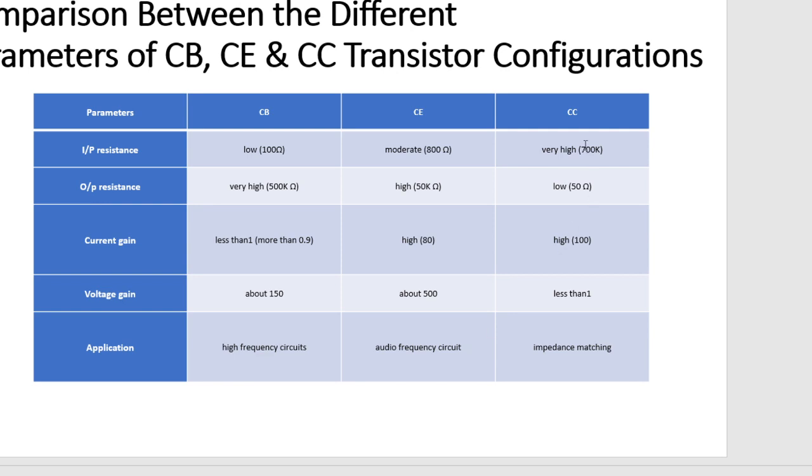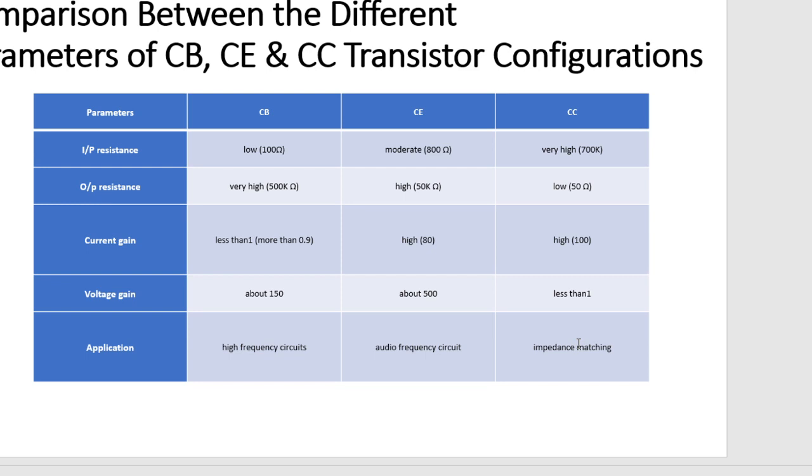The last configuration is the common collector configuration. A common collector configuration offers very high input resistance and a low output resistance. This is one of the important characteristics of an impedance matching network or impedance matching circuit, or in buffer amplifiers.